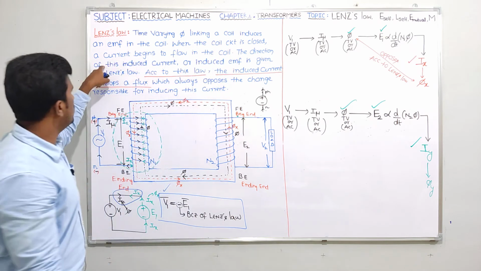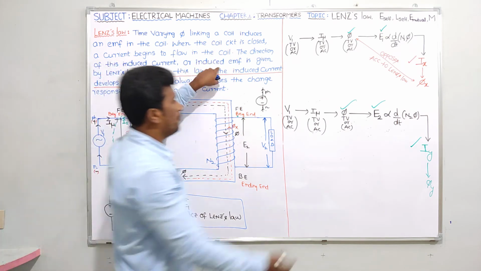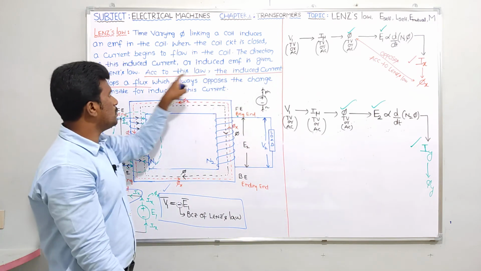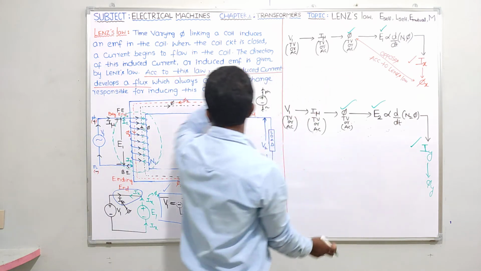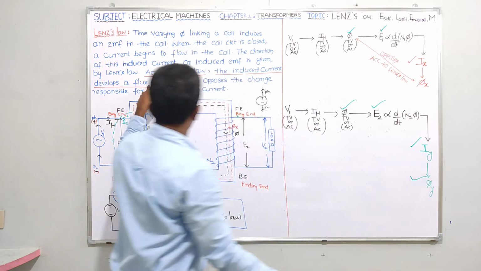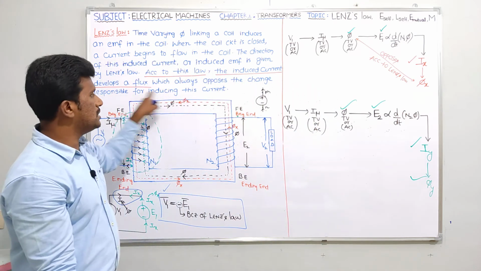The direction of this induced current IY, or induced EMF E2, is given by Lenz's law. According to this law, the induced current IY develops a flux pi y, which always opposes the change responsible for inducing this current.